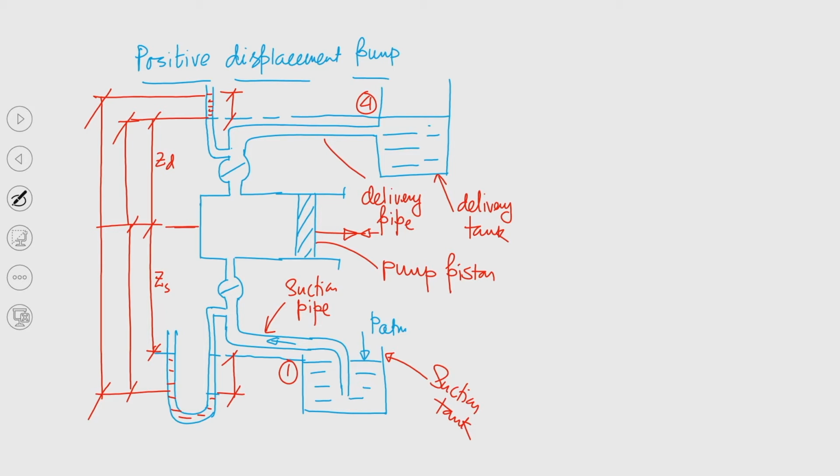So, this is point 2, that is inlet, and this is point 3, that is the outlet. Why we are trying to mark these two places? Because this is the suction valve and this is the delivery valve.